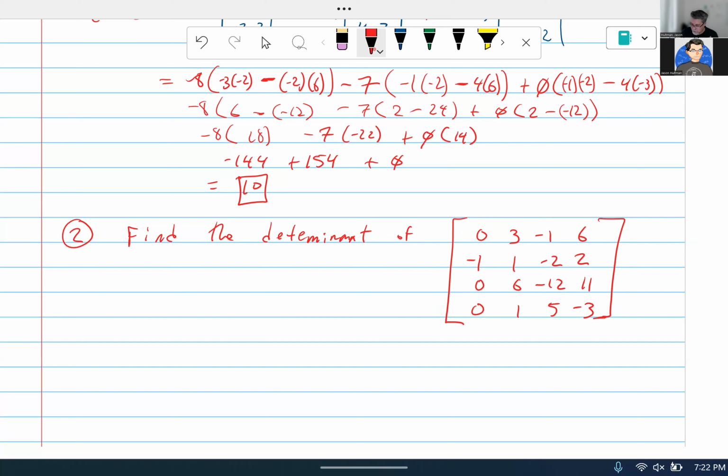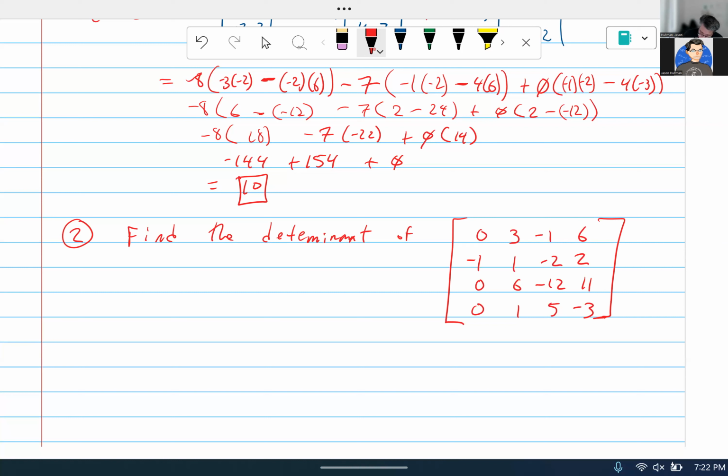Okay, so I'm going to be strategic in the row or column that I choose here because I just want to choose the row that has all the zeros so that I only have to do one 3x3 matrix.